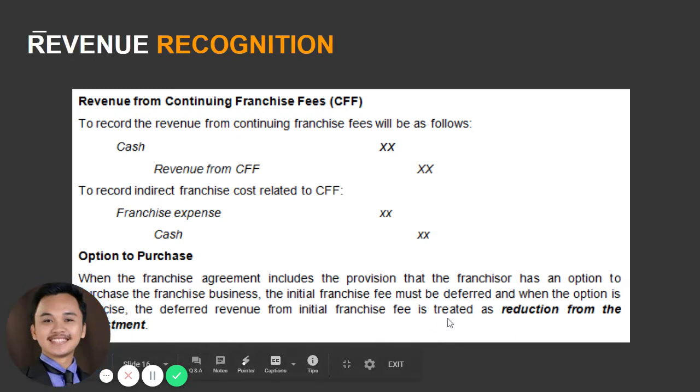But in that case, kung mahitabo siya, the deferred revenue from initial franchise fee will be treated as reduction from the franchisor's investment. Okay? So those are the necessary items or considerations nga ato ang i-remember in accounting for continuing franchise fees, initial franchise fees.